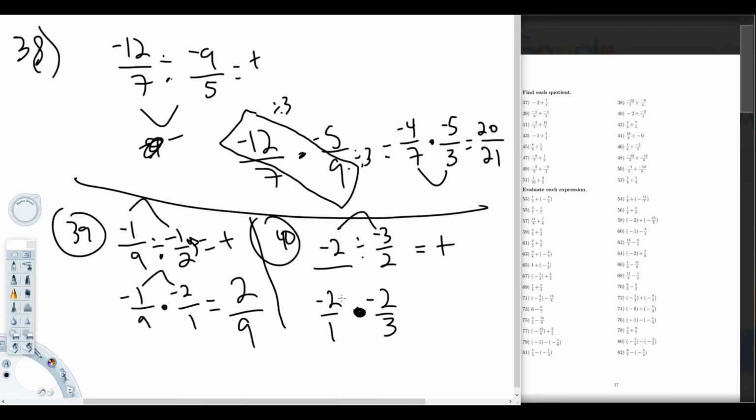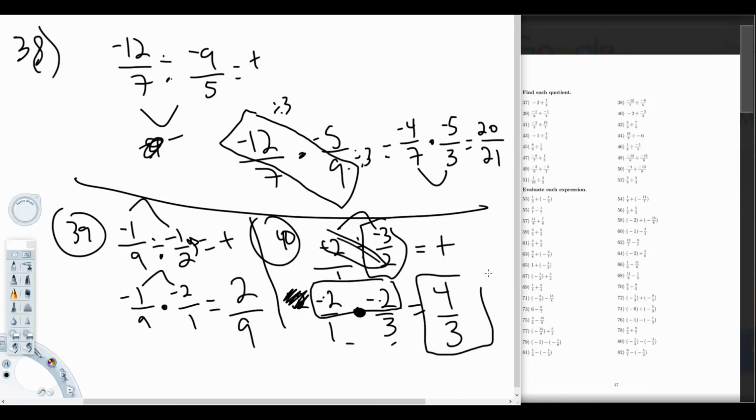We're tempted to cancel right away, right? But we can't, because we have to invert this number before multiplying. We're tempted to divide by 2 here, but since we're only dividing in the numerator, we can't do that. So that is a no-no. So negative 2 times negative 2 equals 4. 1 times 3 equals 3. That is your answer. So we're at number 40. We're going to continue next video.